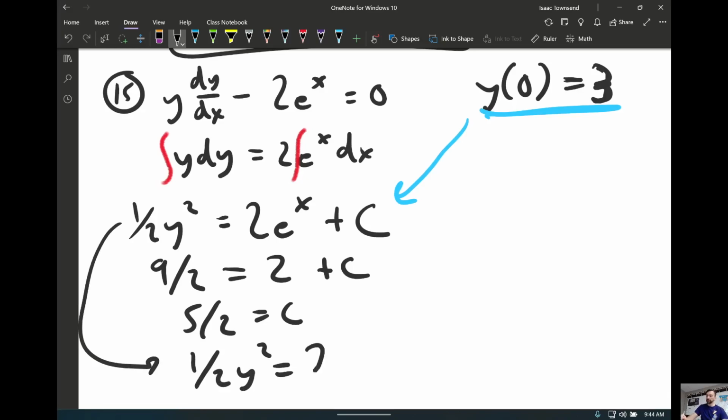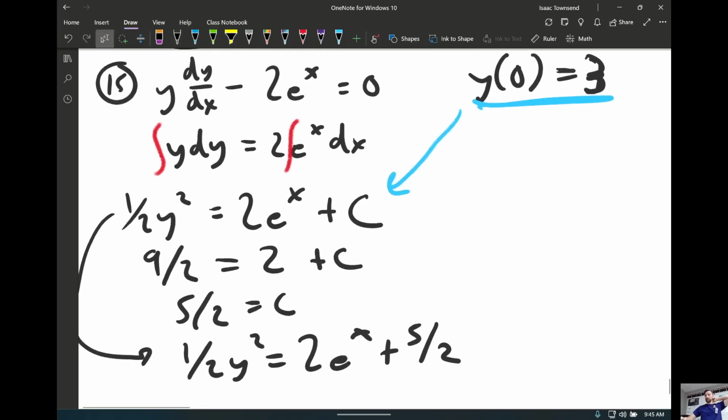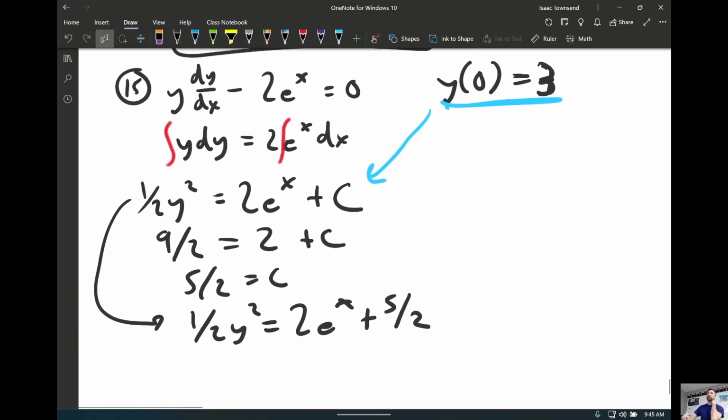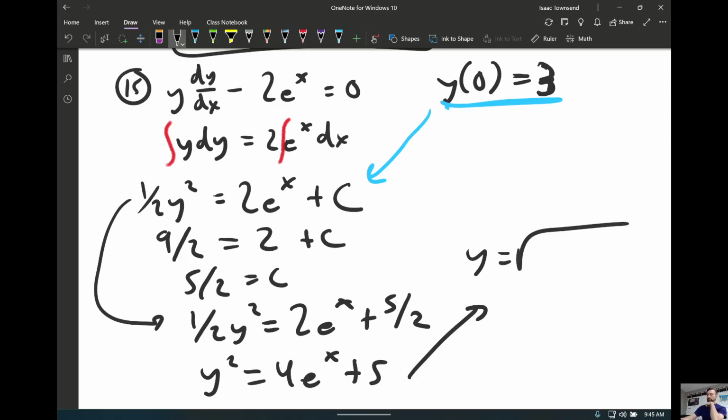Wherever you started solving for C, plug it back in there. And then finally, like all questions, finish solving for y equals. So we can multiply everything by 2 and take the square root of both sides.